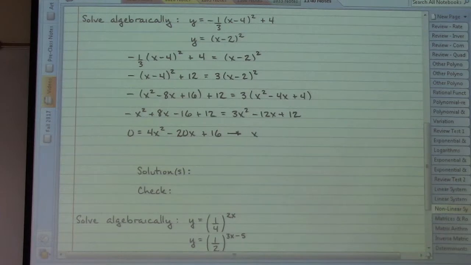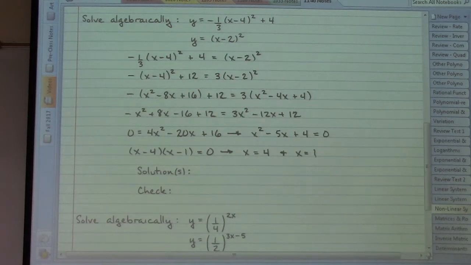I can get myself an x squared minus 5x plus 4 equals 0. I can go ahead and factor that as x minus 4, x minus 1, setting each of those factors equal to 0 and solving for x means that we would get x equals 4 and x equals 1.